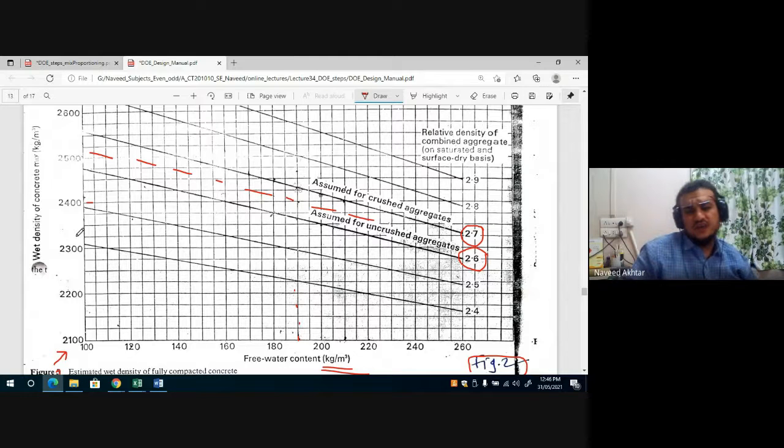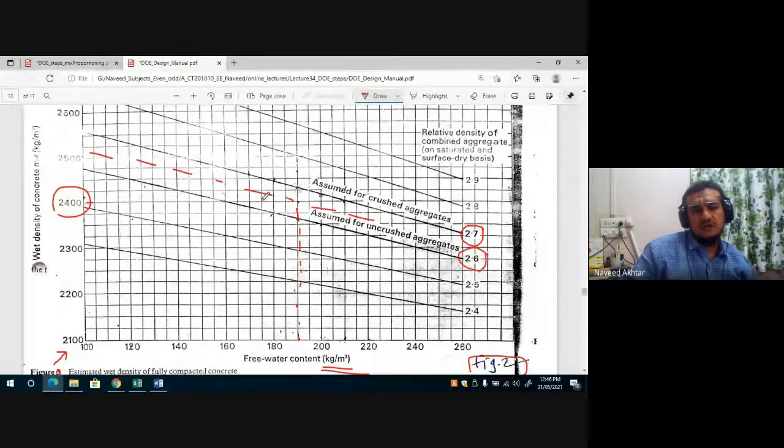On the y-axis the wet density is given. So for 190 free water content, you draw the line and get the wet density of your concrete.